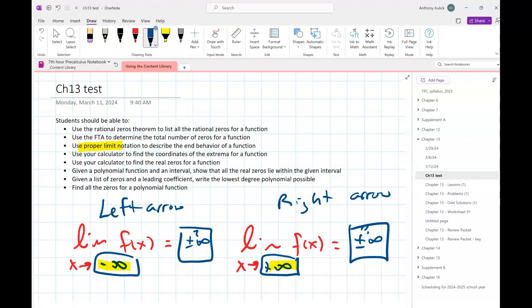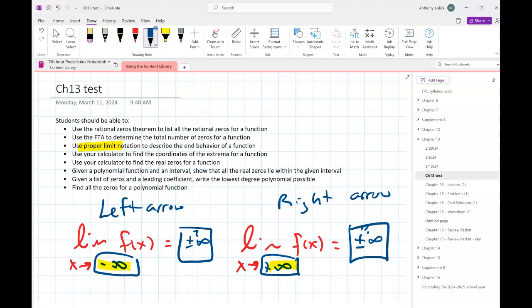Yeah, that's all that means. You just have to remember the symbols. Anybody else with questions? Okay. Very good.